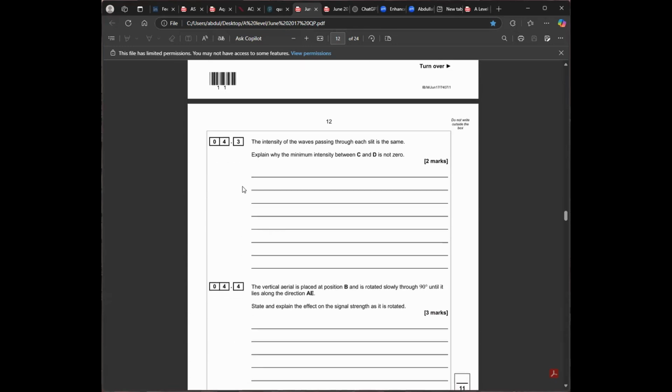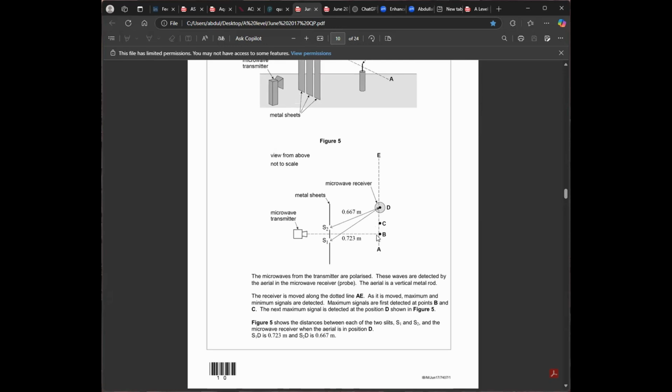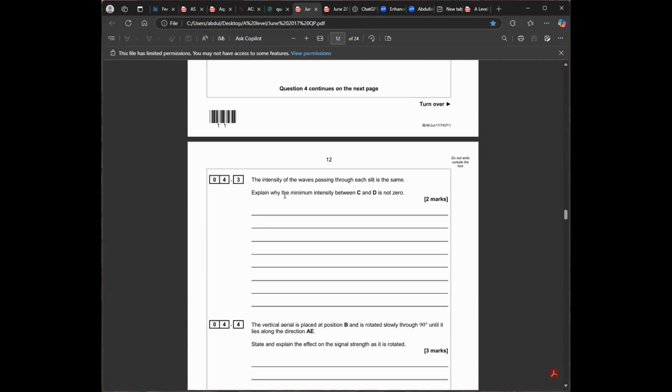Then we have the intensity of the waves passing through each slit is the same. Explain why the minimum intensity between C and D is not zero. So obviously the minimum intensity would be between C and D where there is destructive interference, right? Or between B and C where there is destructive interference. Now the question is, explain why the minimum intensity between C and D is not zero.